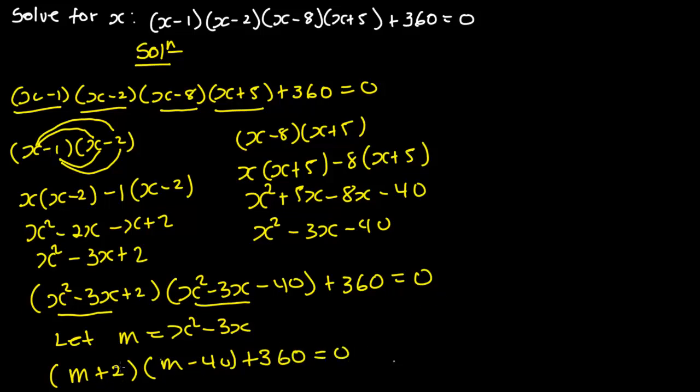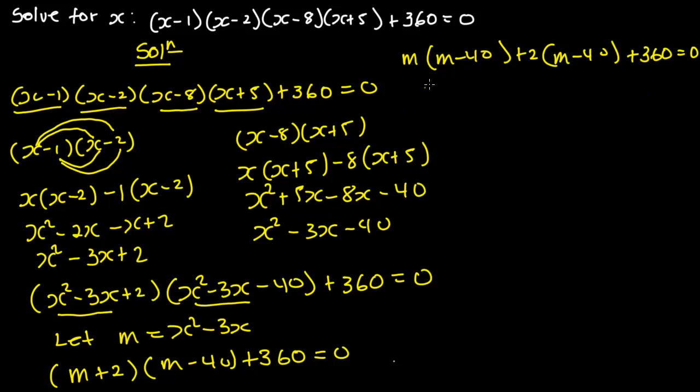Now from here we are going to expand the bracket. So we are going to have m(m - 40) + 2(m - 40) + 360 = 0.